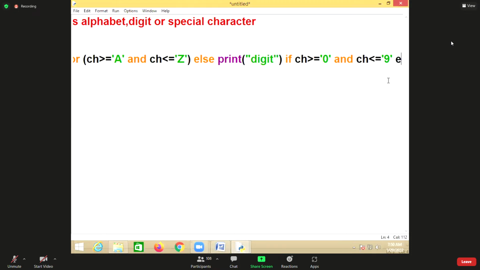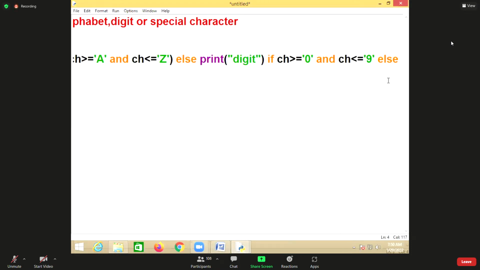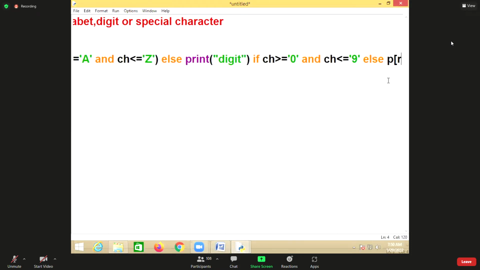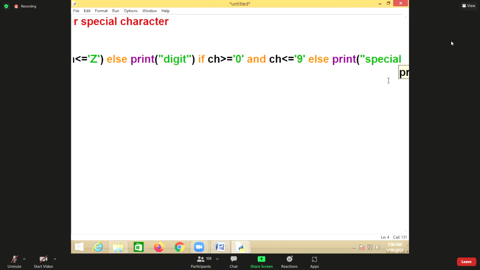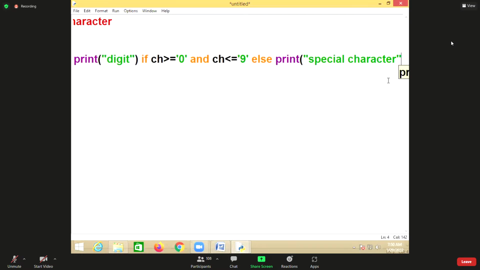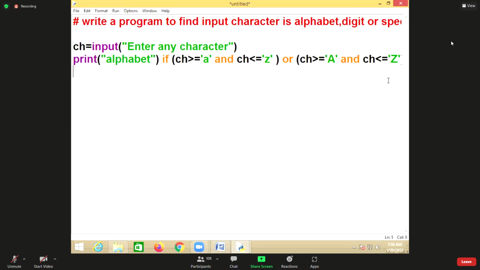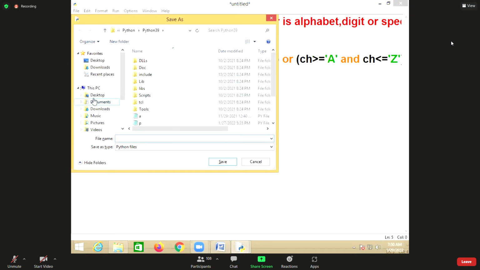Suppose it is not an alphabet, it is not a digit, then it is a special character. If not alphabet and not a digit, then what is it? It is a special character.